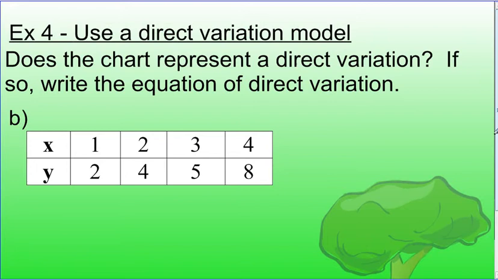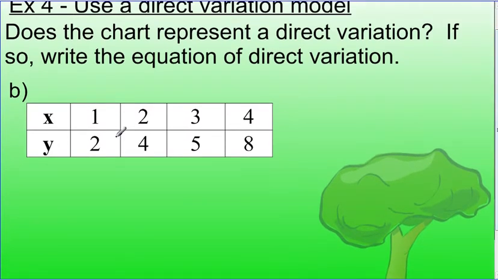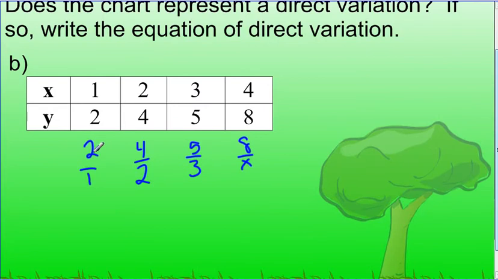Letter B. Same deal. So we're going to take the y value over the x value, y value over the x value, y value over the x value, y value over the x value. And we're going to see if these are all the same. Well, 2 divided by 1 is 2. 4 divided by 2 is 2. 5 divided by 3 is not 2.